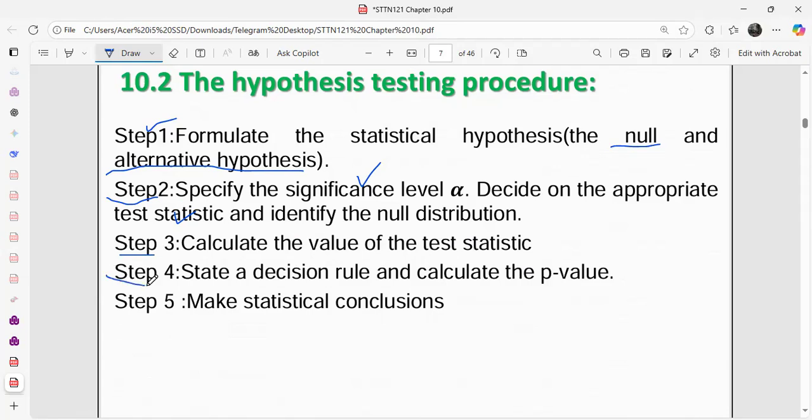And then step number 5 is when you make statistical conclusions. It's very important to know these 5 steps, guys. Step 1, you formulate. 2, specify the significance level. 3, calculate the value of the test statistic. 4, you state a decision rule. Then 5, you make a statistical conclusion.